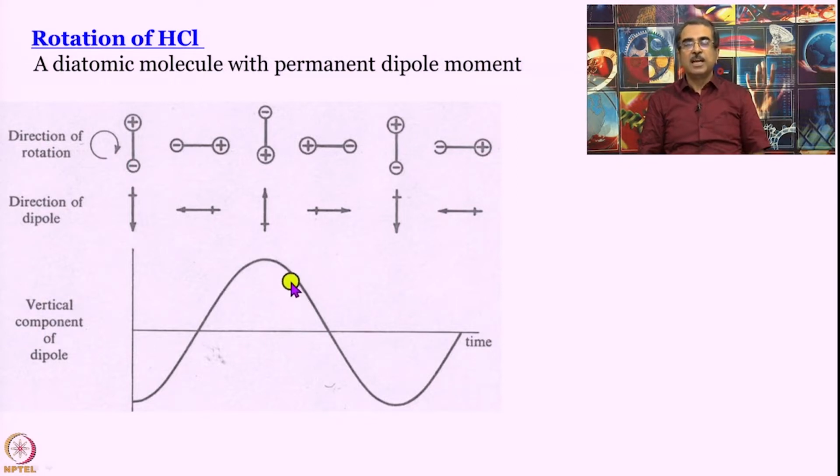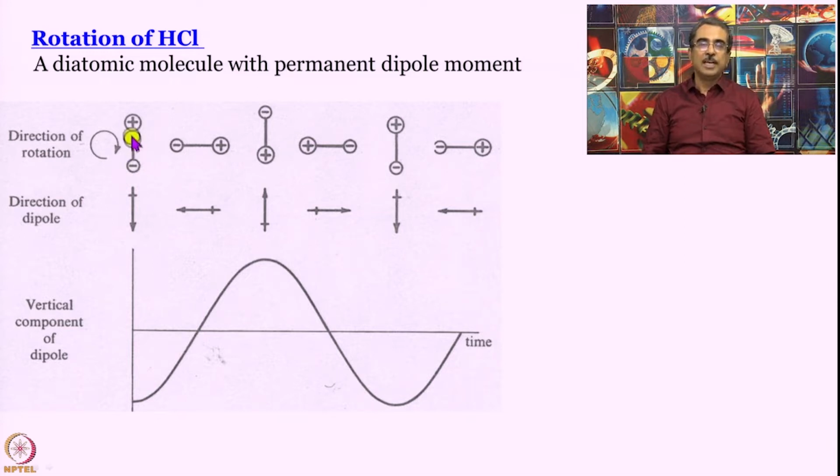To be very honest, I do not like this too much, because it is always better to do the more rigorous treatment. Unfortunately, in this course there is no scope for it, so this should be good enough. You can understand why rotation couples with radiation by thinking like this.